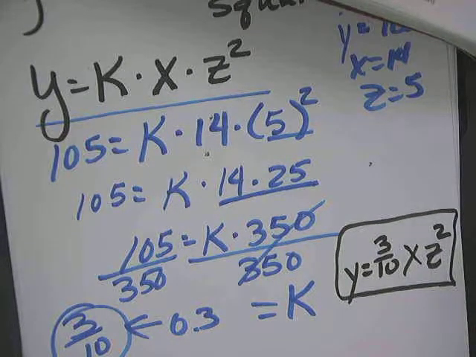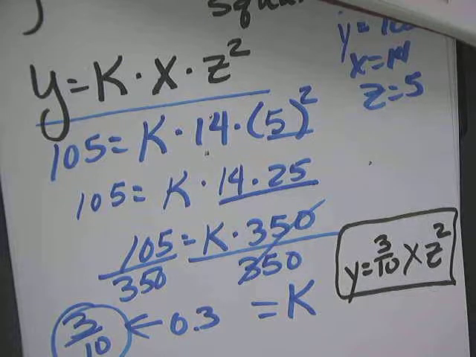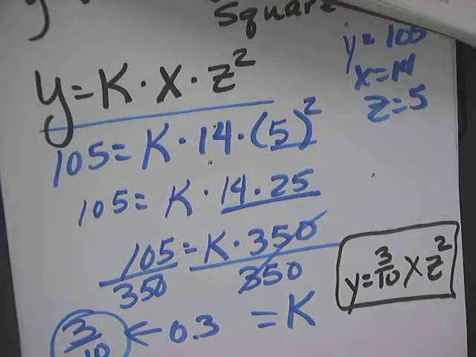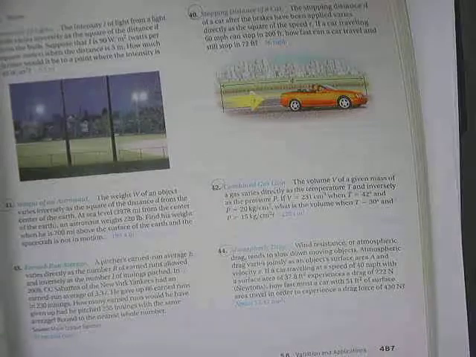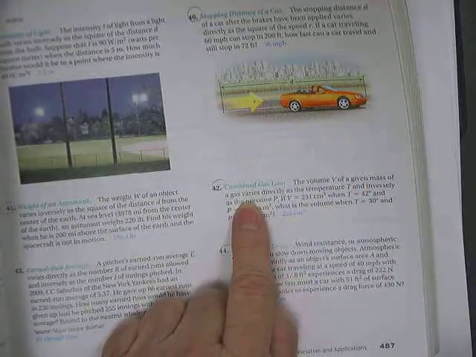That won't reduce. So K is 3/10. So we need to rewrite this with our K. Y equals 3/10 X Z squared.